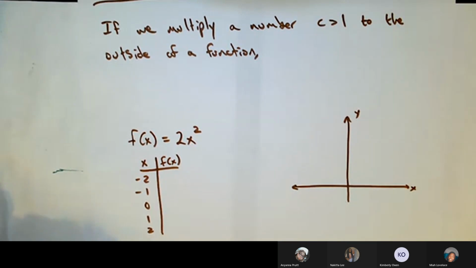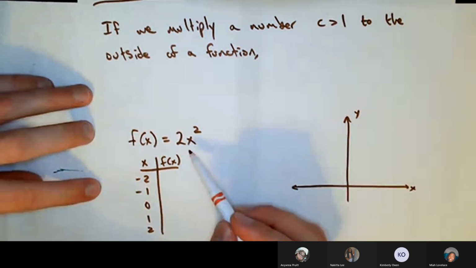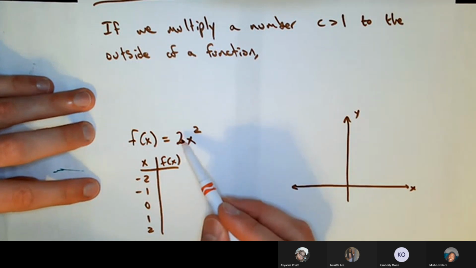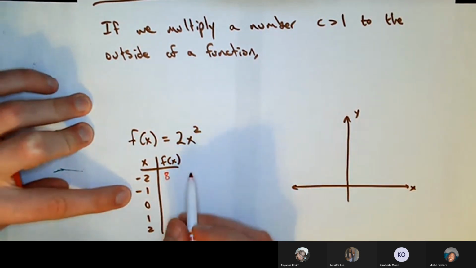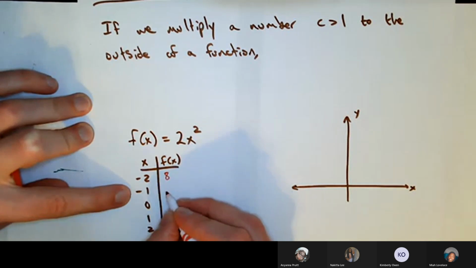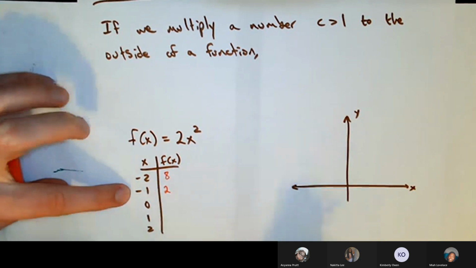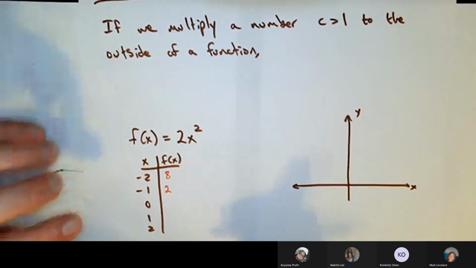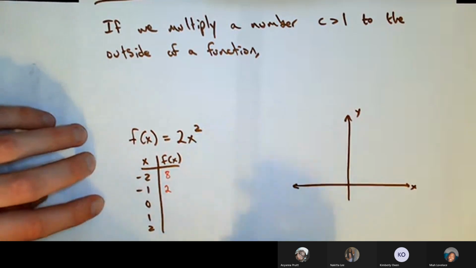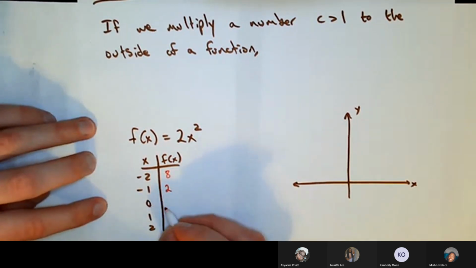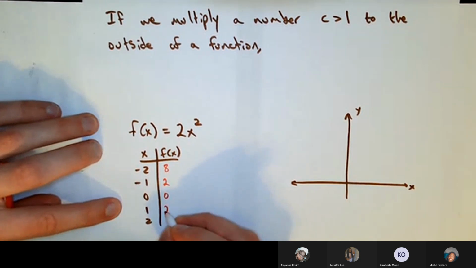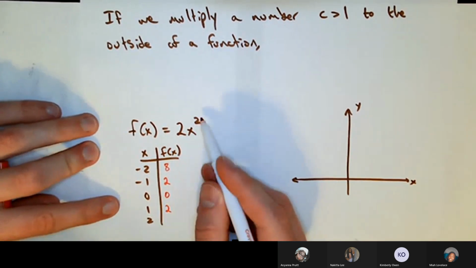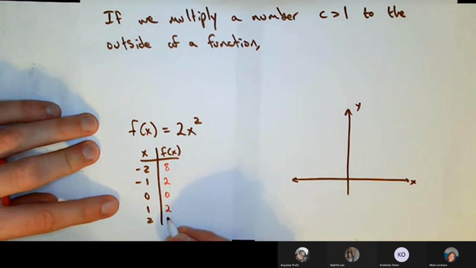I won't make you guys do it. So -2 squared is 4, then times another 2 gives me an 8. -1 squared is 1, then times the 2 gives me a 2. Notice I'm keeping my order of operations right here: exponent, then multiply. 0 squared is 0, times 2 is still 0. 1 squared is 1, times 2 is 2. And then 2 squared is 4, times 2 is 8.